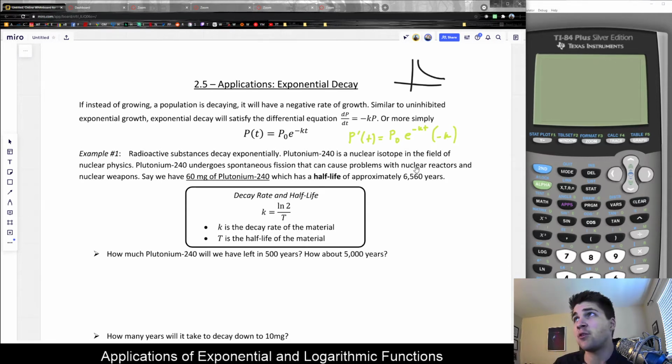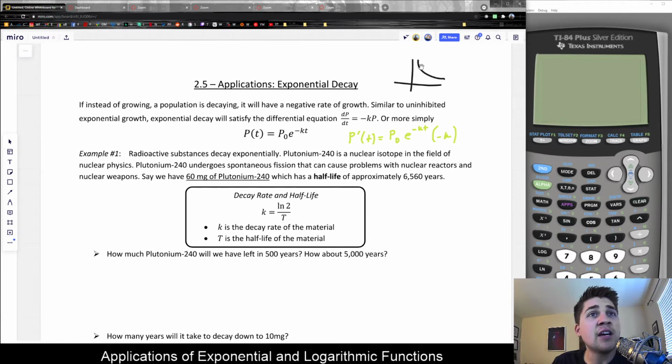Decay tends to happen very rapidly at the beginning and then sort of slow down over time. And again, it's due to proportionality. The more of something there is, the more there is for it to decay. The less of it there is, there's less for it to decay. If you can imagine insect activity or whatever, it will slow down over time, meaning that it will last not necessarily indefinitely, but it will have this negative exponential decay.